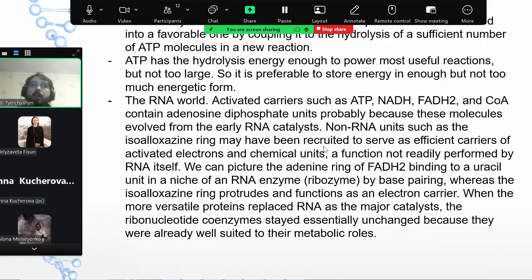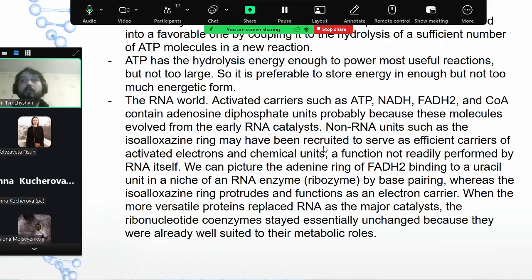And some support to that idea may be that activated carriers such as ADP, NADH, FADH, and coenzyme A contain adenosine diphosphate units, probably because these molecules evolved from the early RNA catalysts.